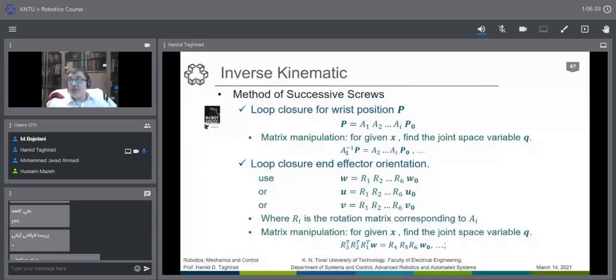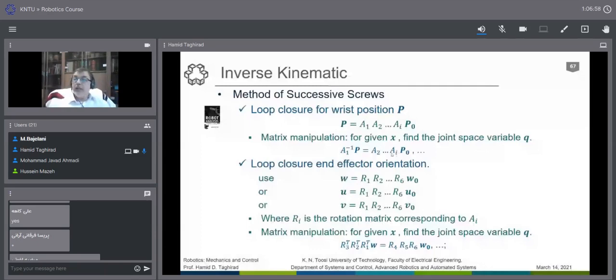And if it is only 2 or 3 screws, from A2 to Ai, then we can solve this equation by some intuition and manipulation, as we did for the P-pair solution. This usually works out well, and not only for the position.